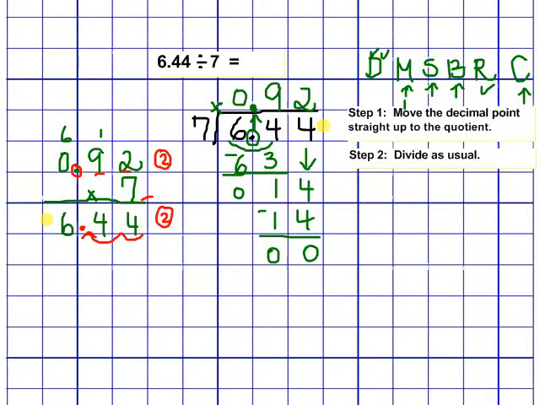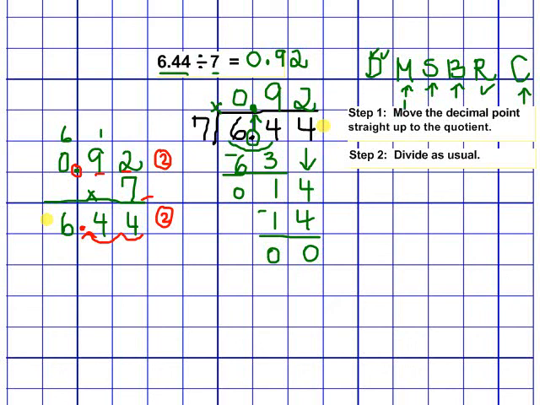And the answer is yes. So the answer to 6.44 divided by 7 is 0.92.